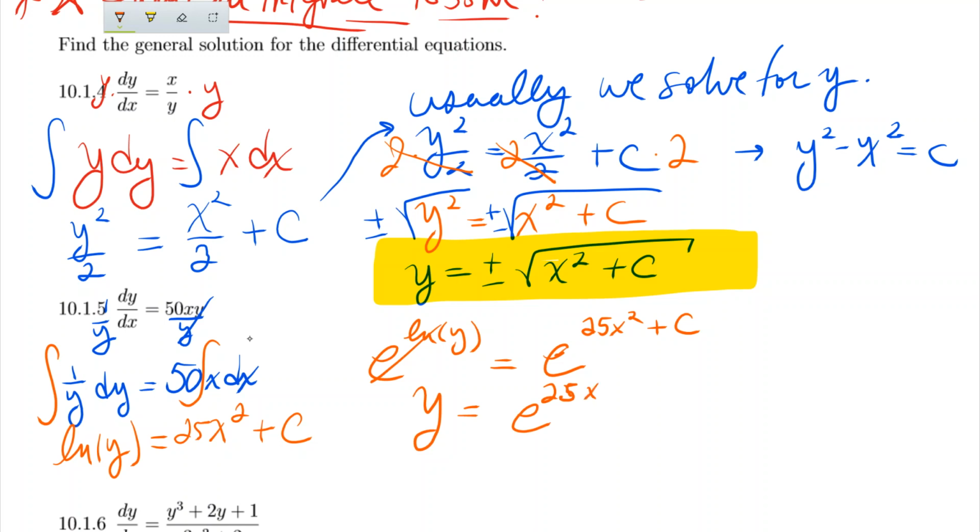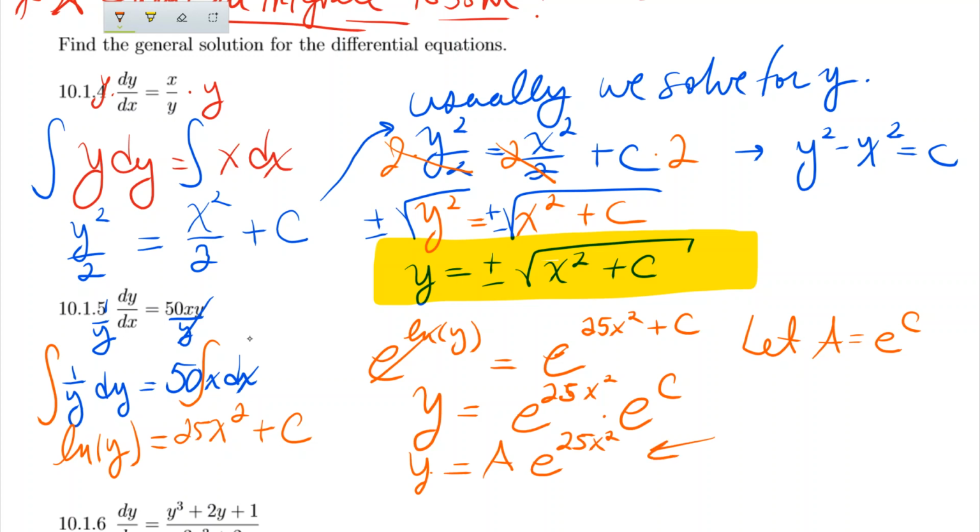So this is e to the c. Then usually what we'll do is say let a be the constant equal to e to the c, and we'll rewrite this as y equals a e to the 2.5x squared. And hopefully you recognize that this looks a little bit like the PERT equation, or P equals e to the rt.